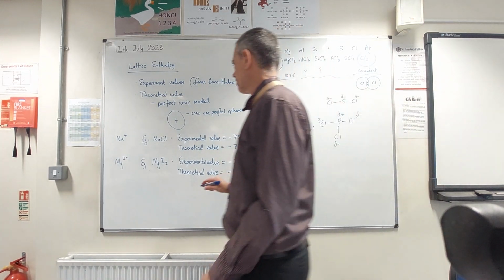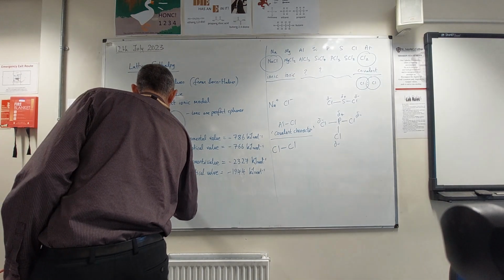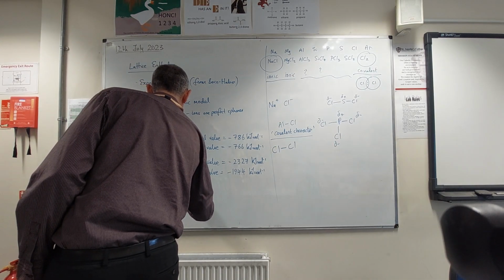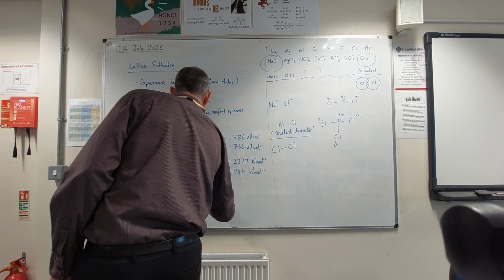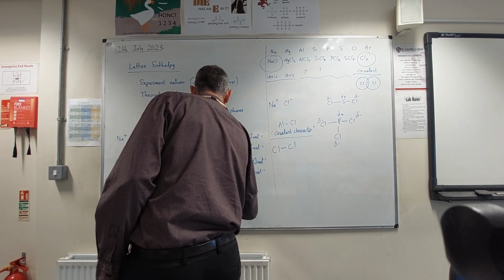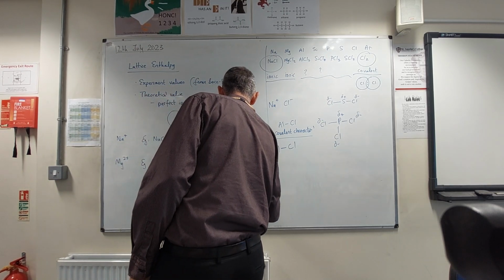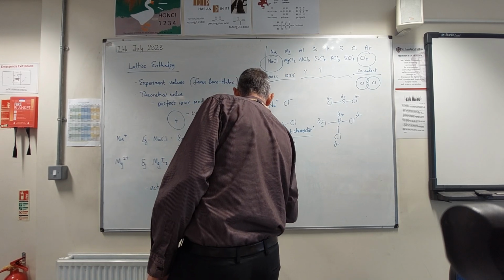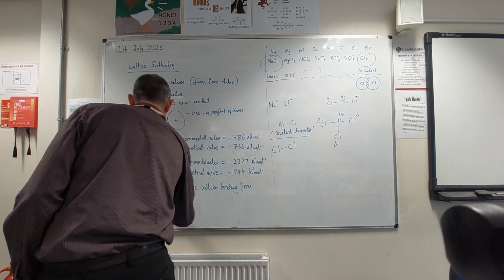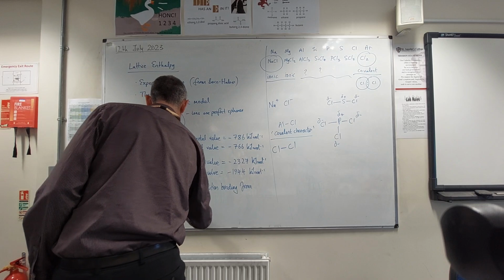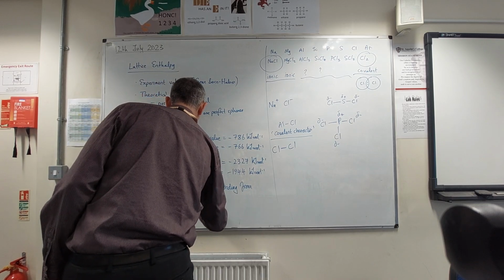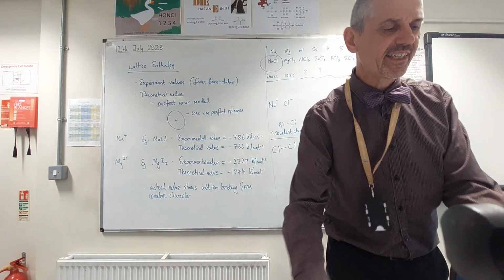So that's our first point. The actual value shows additional bonding from covalent character.